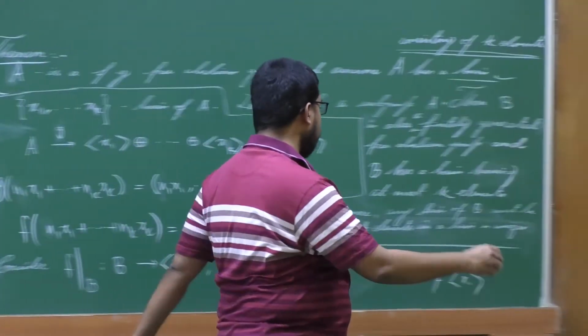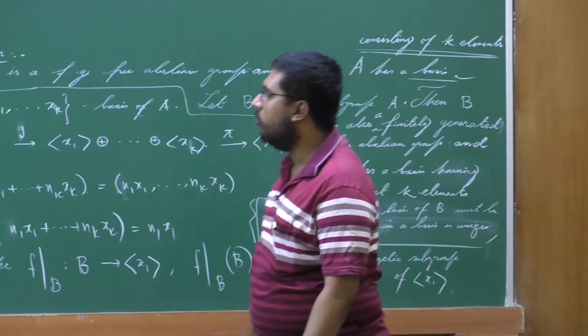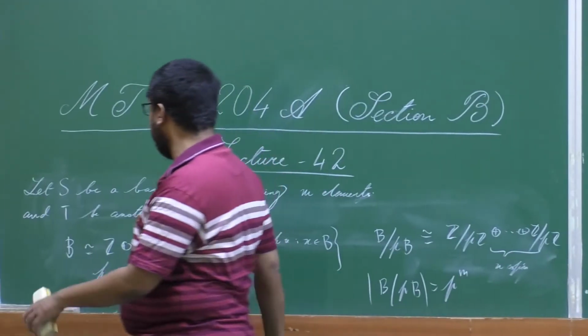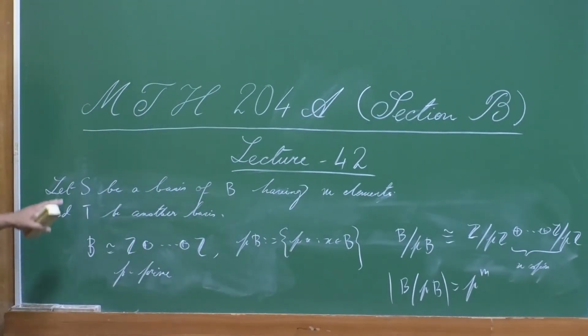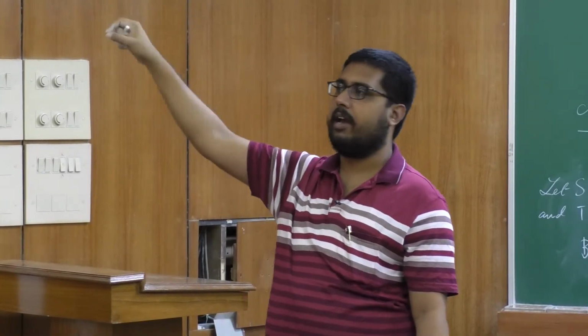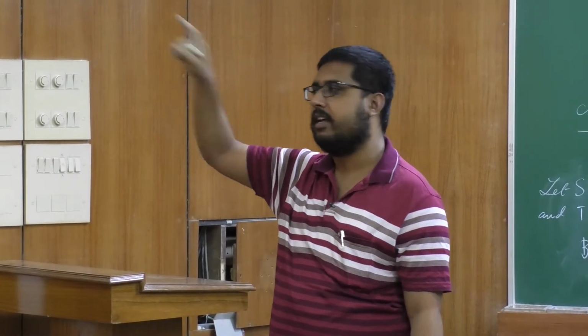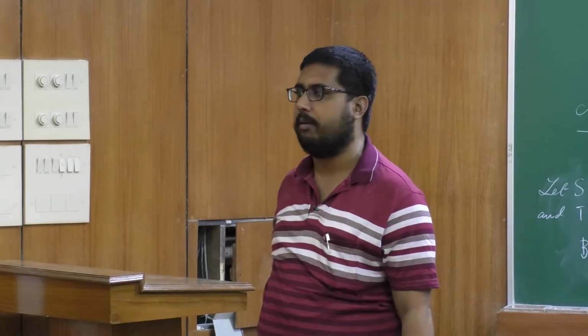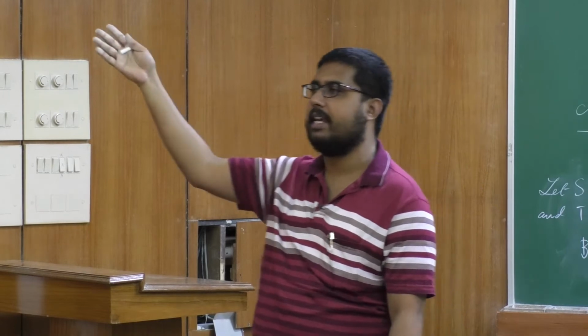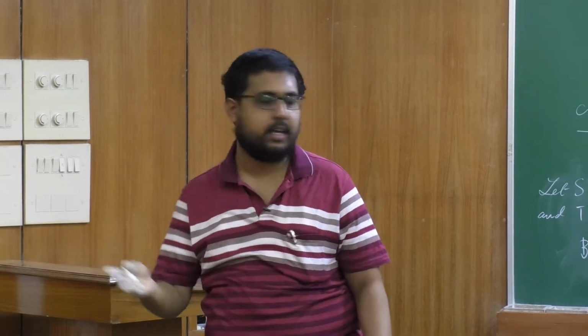Let me quickly repeat this argument, then I will move ahead. What does this argument show? We started with an arbitrary basis with m elements, then we see that if we take some other basis which contains at least r elements, then r must be less or equal to m. That forces any other basis to also be finite.